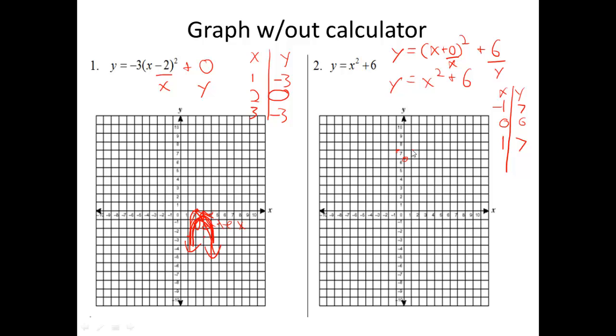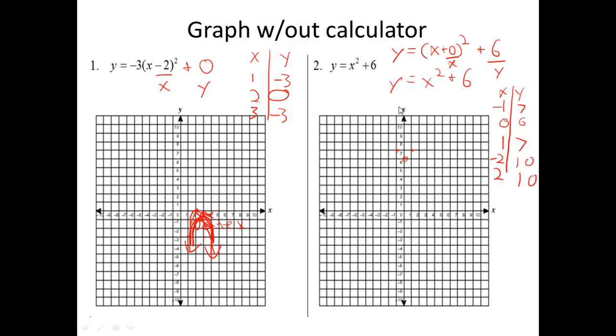We'll put a dot there and a dot there. And just for fun, maybe we'll put in a couple more points. We'll go -2. -2 squared is 4, plus 6 is 10. And again, putting in 2, we'd get 10.